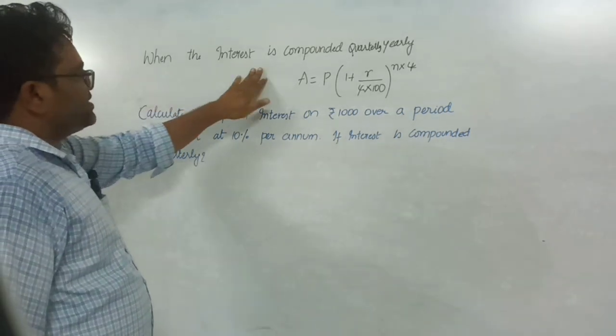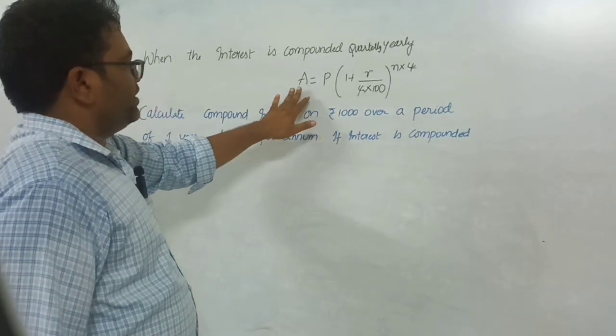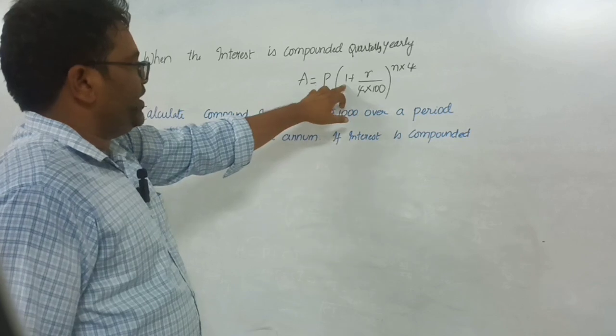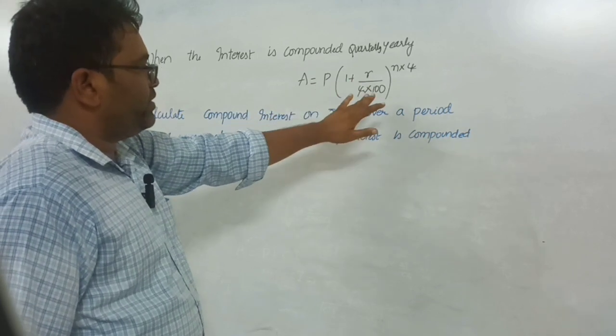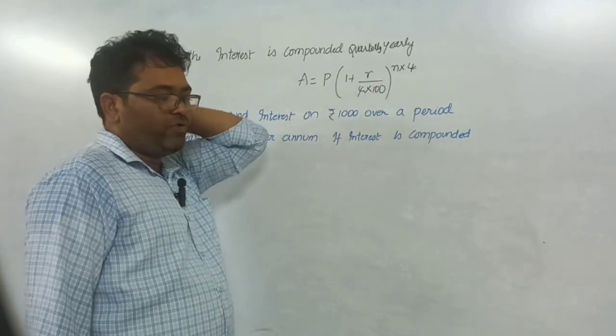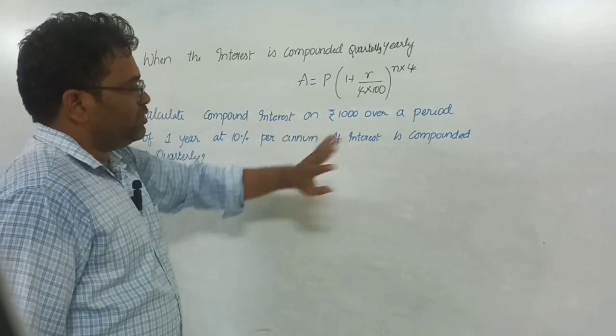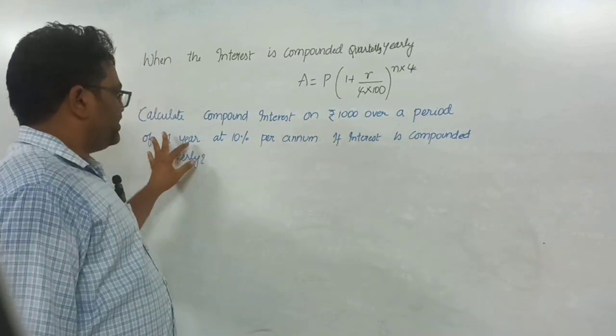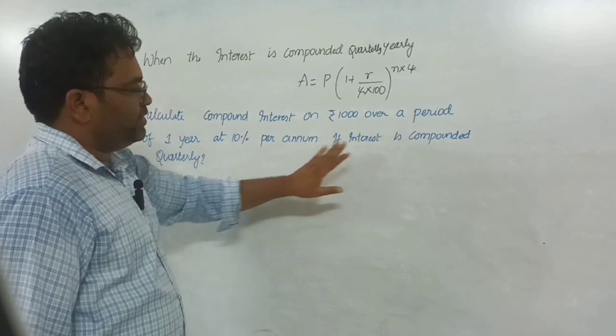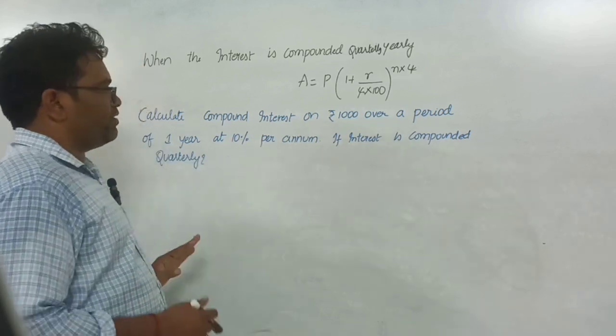When the interest is compounded quarterly, A is equal to P into (1 plus R by 4 into 100) whole to the power of n into 4. So calculate the compound interest on rupees 1000 over a period of 1 year at 10% per annum if interest is compounded quarterly.